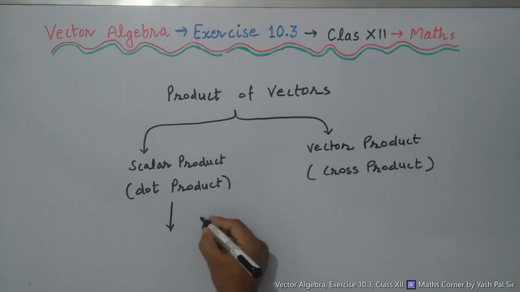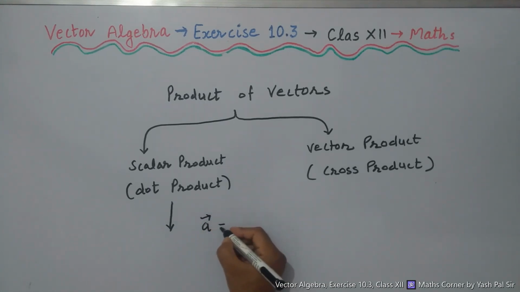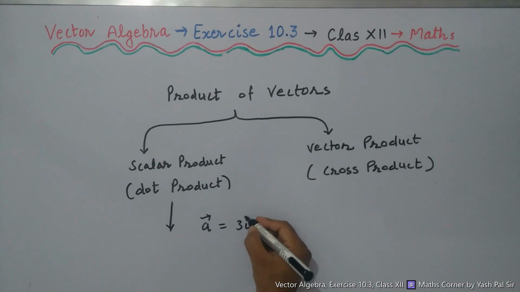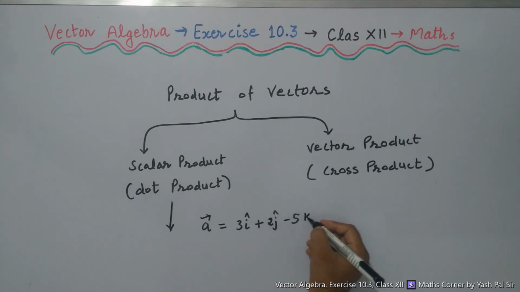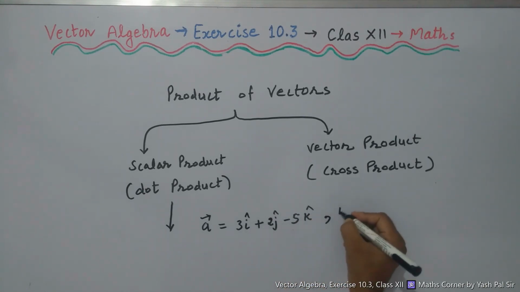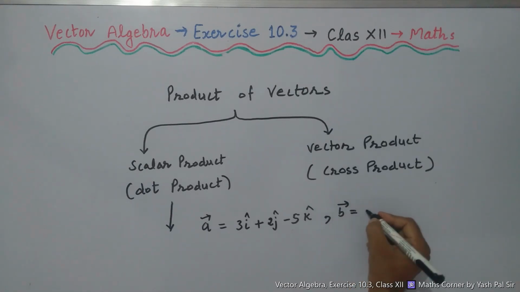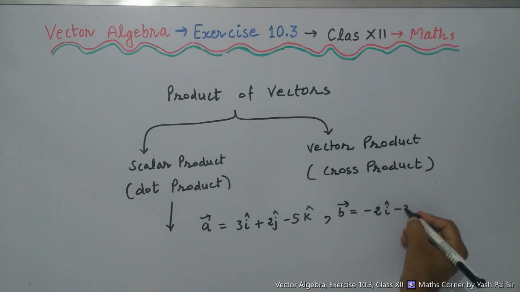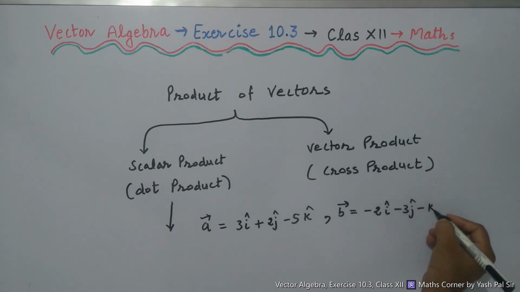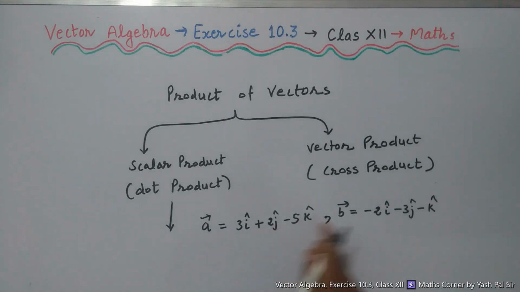Suppose I have one vector a equal to 3i plus 2j minus 5k, and another vector b equal to minus 2i minus 3j minus k. So we have to multiply these two vectors.